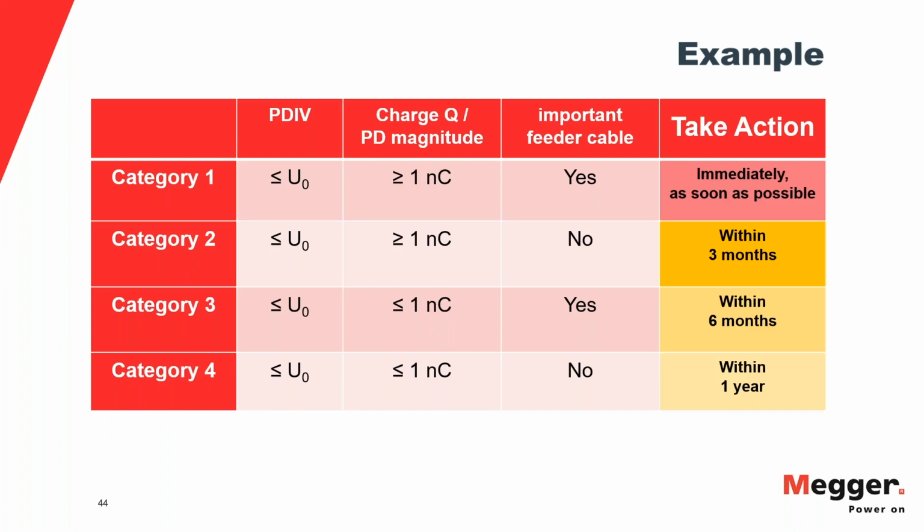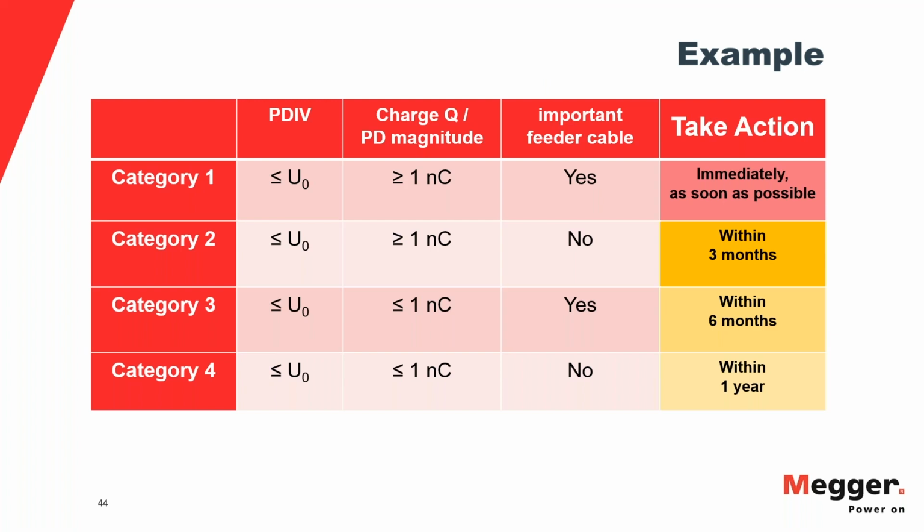They say, is it an important cable, yes or no? Do I have more than 1,000 picocoulomb, yes or no? And the necessary condition to even get into the state was I have PD at operating voltage or below operating voltage, right? And then they say, okay, these four categories, we assign action times.